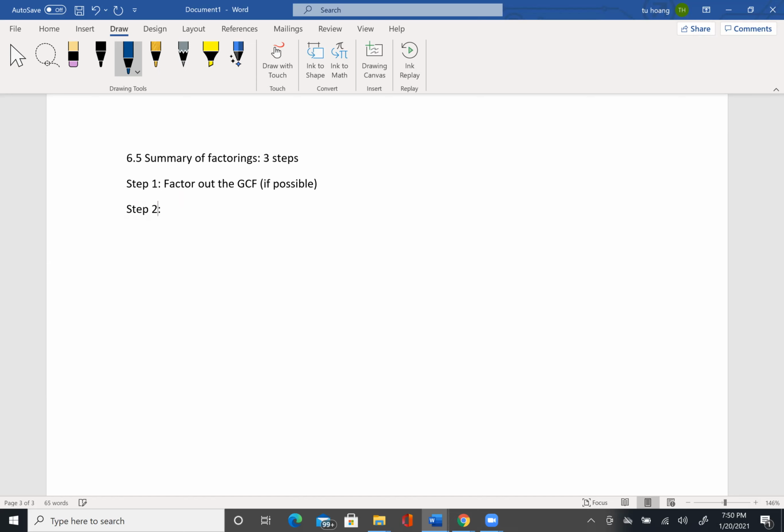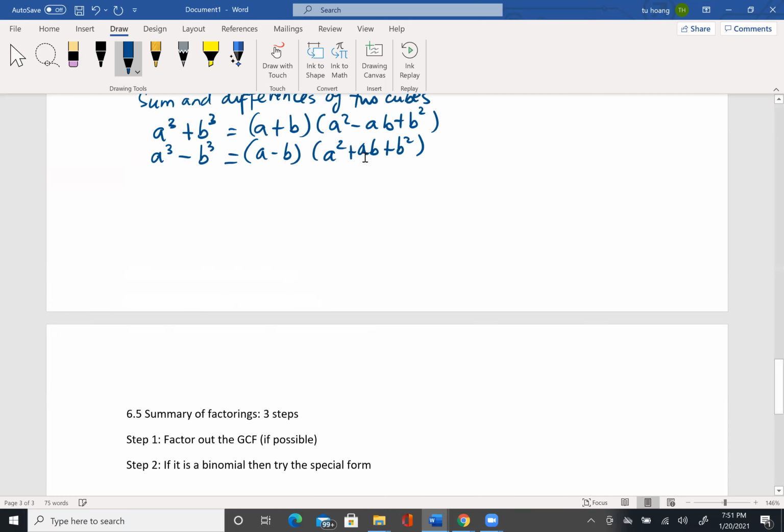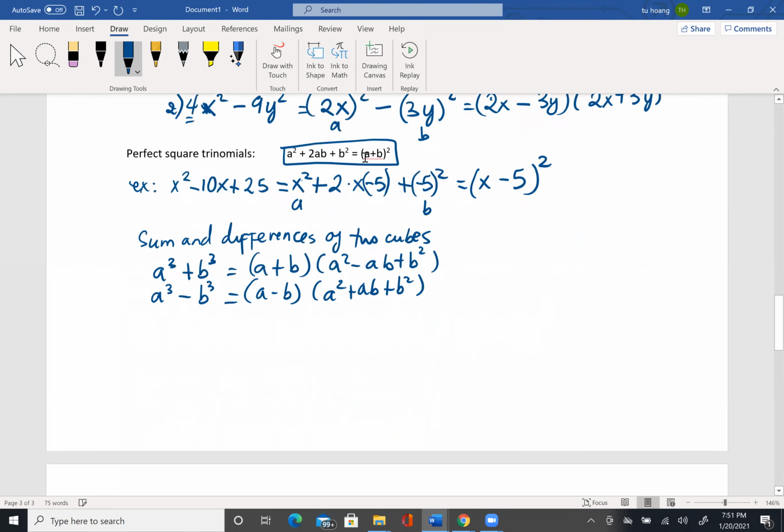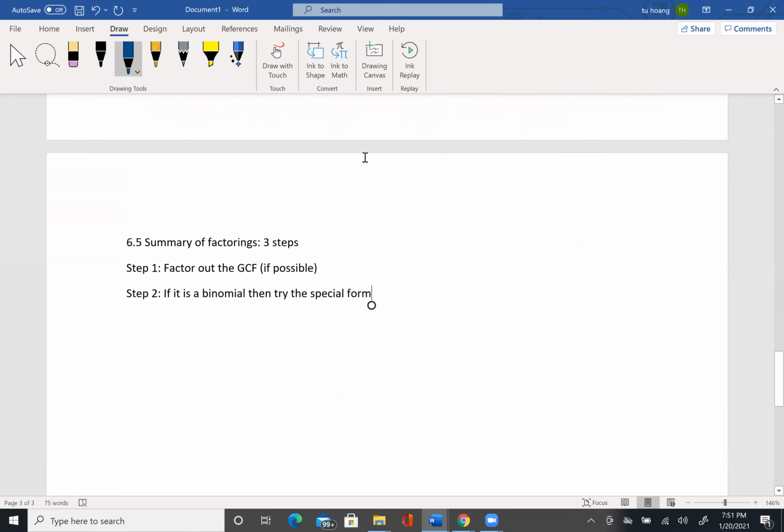Step 2, if it is a binomial, then try the special forms from the special types of factoring from 6.4.